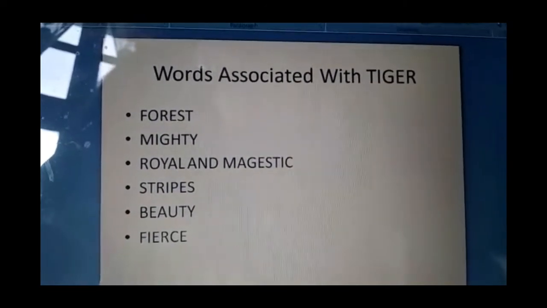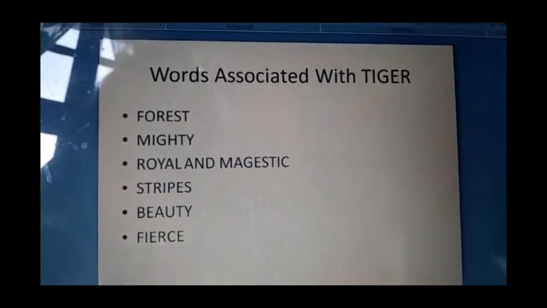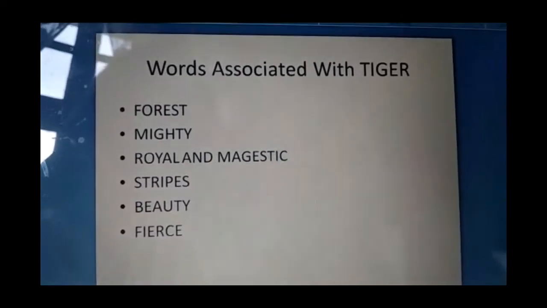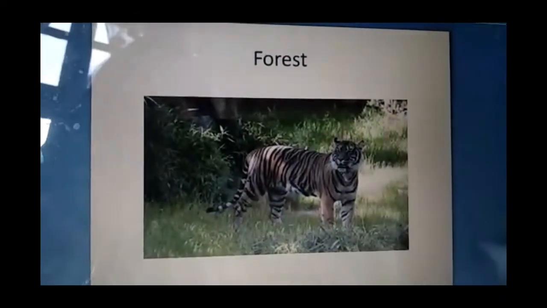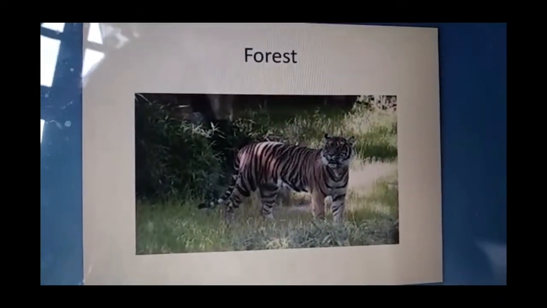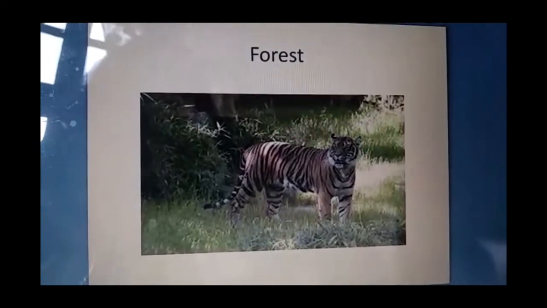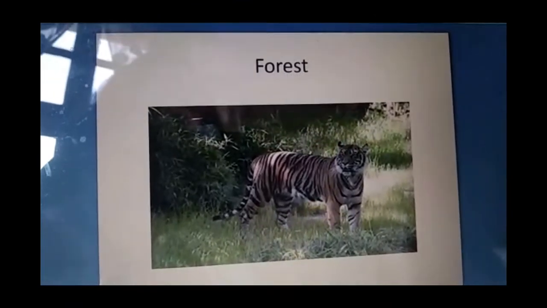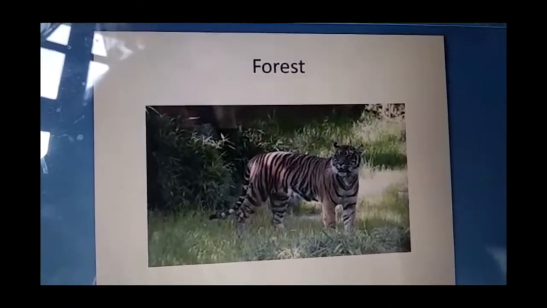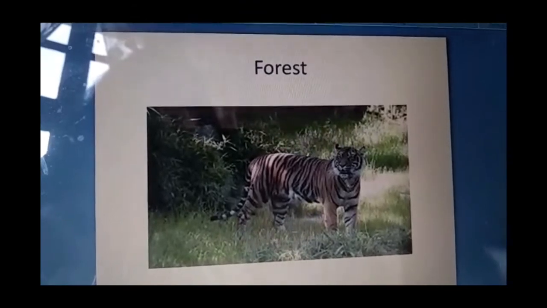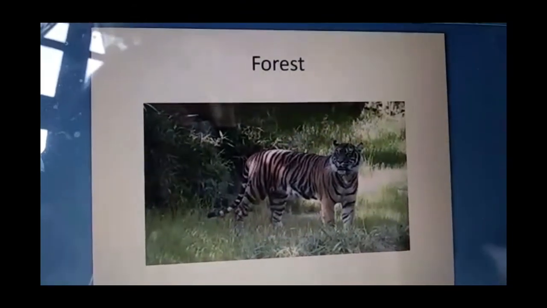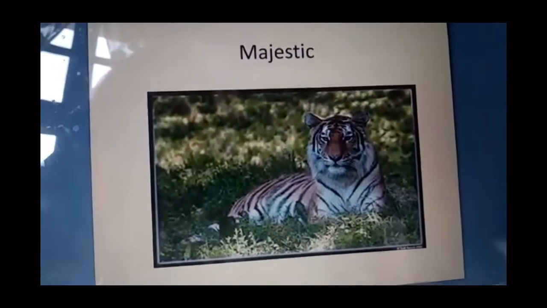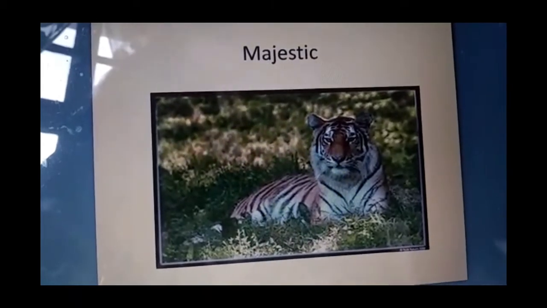A tiger is a beautiful animal. At the same time, the tiger is also a ferocious animal. Now, what do you think this is? A tiger wearing beautiful stripes. He is in the forest. He is a mighty, powerful ruler of the forest. He is majestic. He is royal.